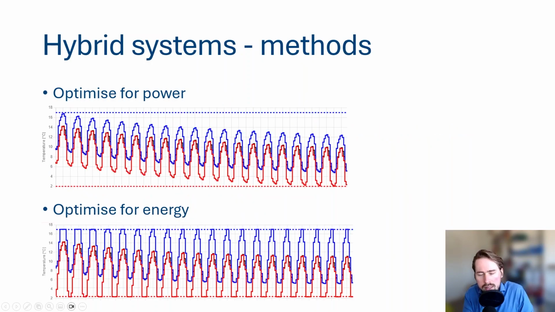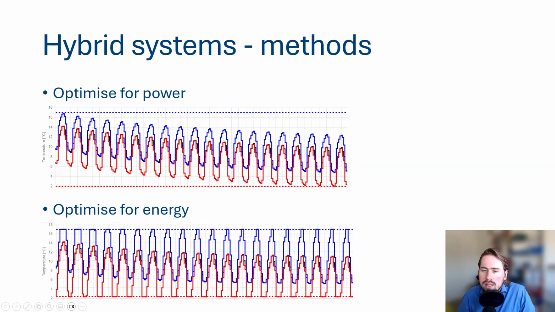So what we then had for both optimization methods, if we optimized for power, we got the profile above, where we saw that we are both limited by the maximum and the minimum average fluid temperature.